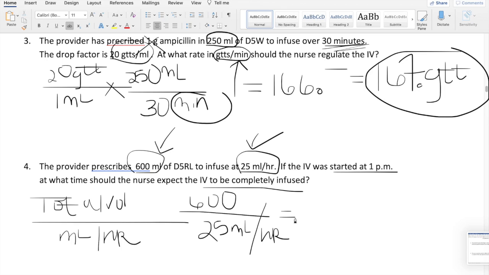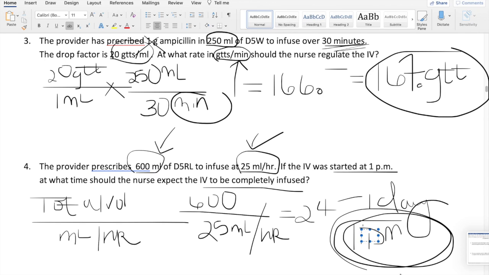And we're just going to divide that, 600 divided by 25, which is going to give us a total of 24 hours, which is 1 day. So exactly says at what time should the nurse expect the IV to be completely infused. So if it's going to take 1 day, it's going to be the next day at the same time at 1 p.m.